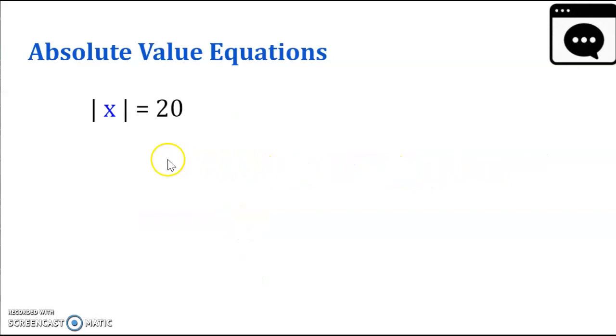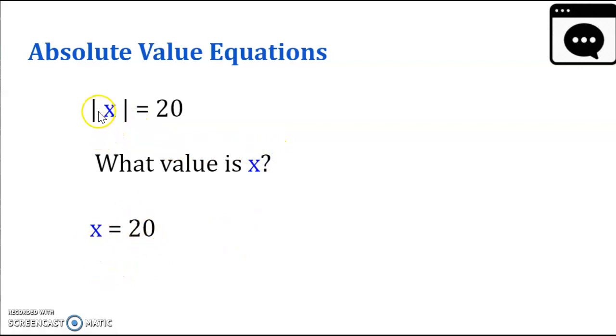Now I want you to tell me in private chat, if I have the absolute value of x is equal to 20, what are the values of x? What could x be that would give positive 20 as the final answer? Well, I know that x could be 20. The absolute value of 20 is 20. But what about the absolute value of negative 20?